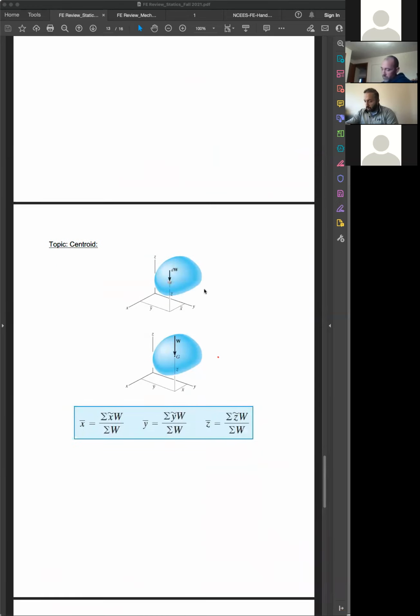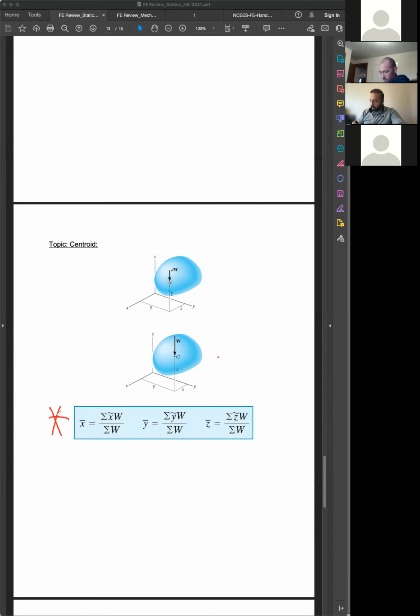All right, so the next topic is the topic of centroid, center of mass, center of area, center of weight. If our system is a discrete system, meaning that it is made of pieces whose shape is very well known to us, for example, a combination of triangle and rectangle, or two or three rectangles put together, the best way to find their center of mass, center of area, center of weight would be to follow these formulas.